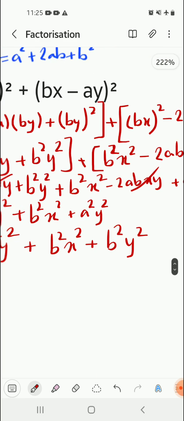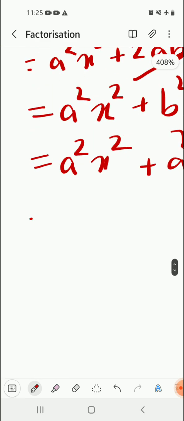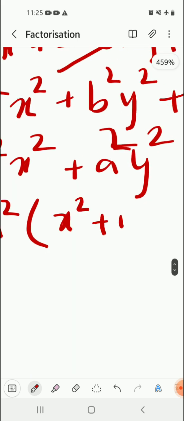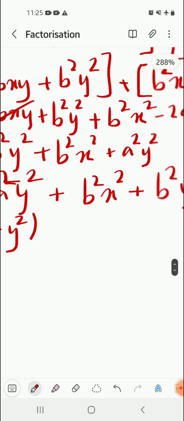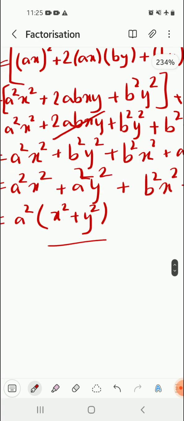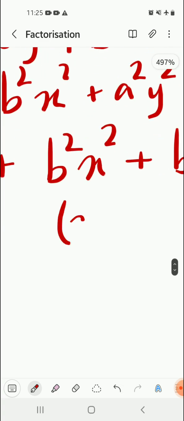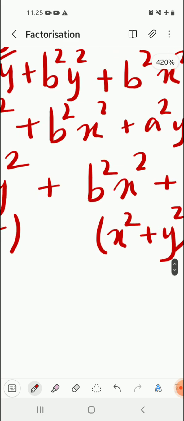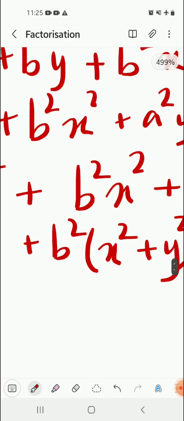Now we are going to find the common factors. See over here we have got common a square. So over here x square plus y square. Again, as we have got x square plus y square, here also it must be x square plus y square, and here we have got b square as a common factor.